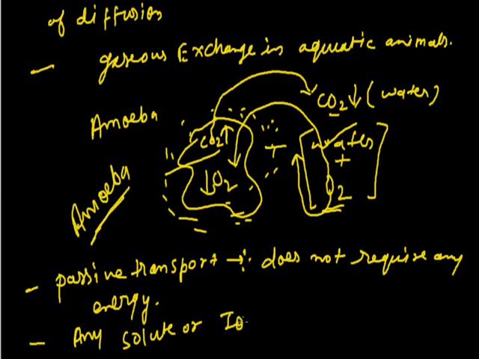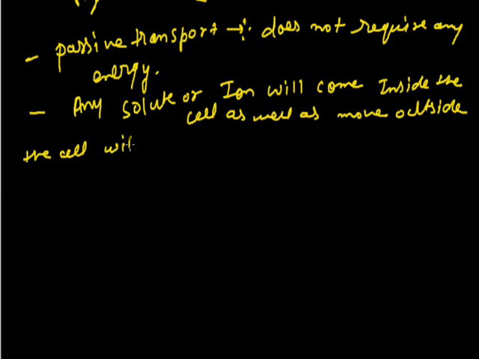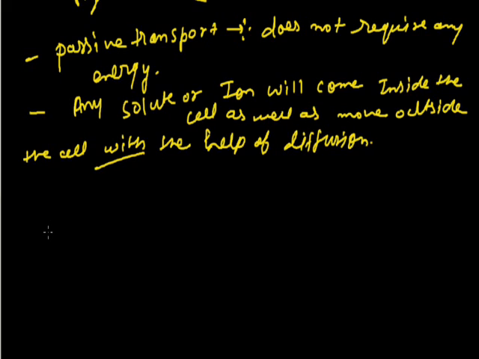It doesn't require energy. So I can say that any solute or ion will come inside the cell, as well as move outside the cell with the help of diffusion, and it doesn't require any energy because it is a kind of passive transport, because passive transport doesn't require energy.